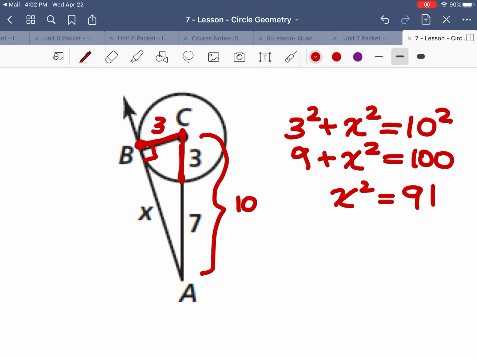91. Well, let's see. When I take the square root, I would be looking to simplify that. I would divide it by the usual suspects. Not divisible by 3.